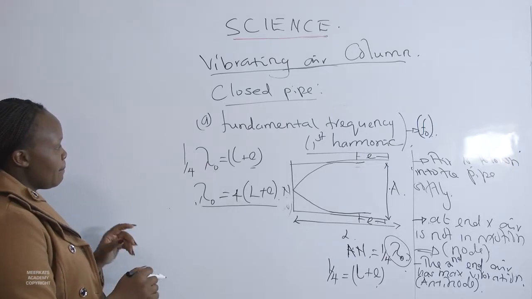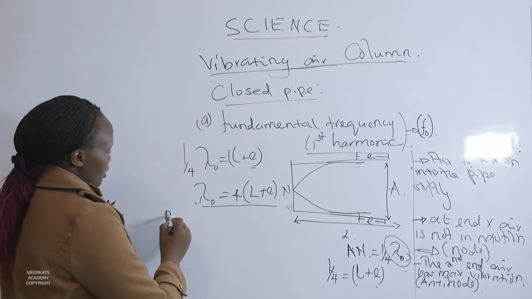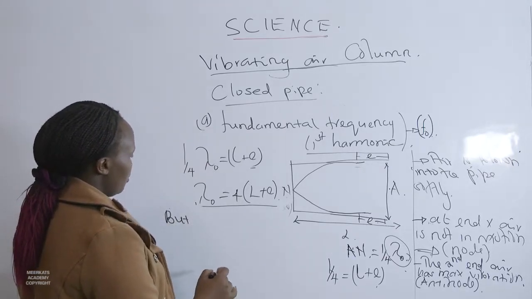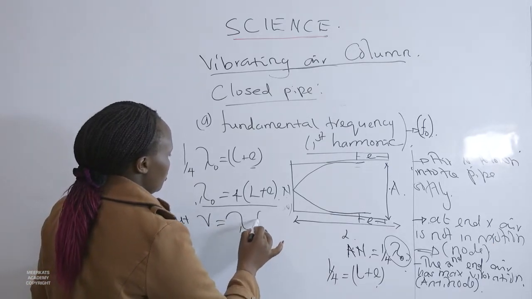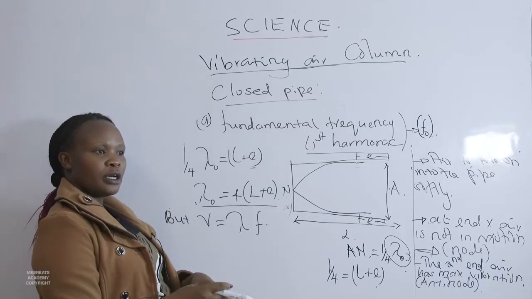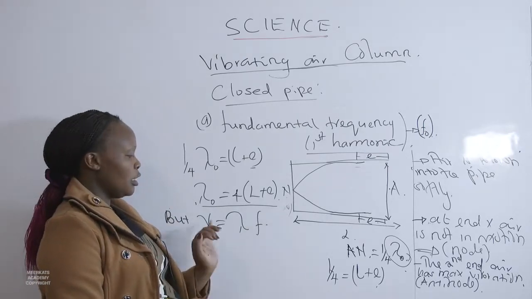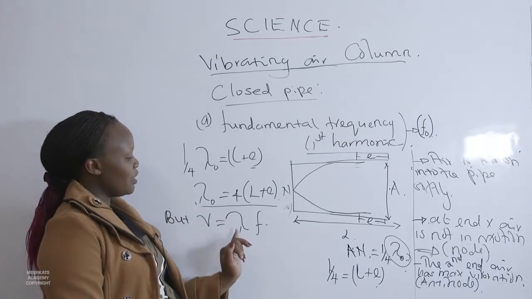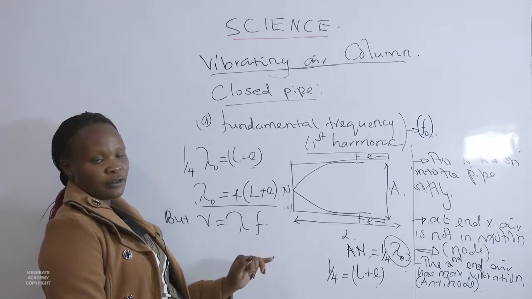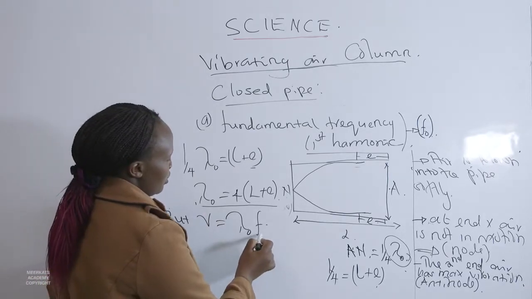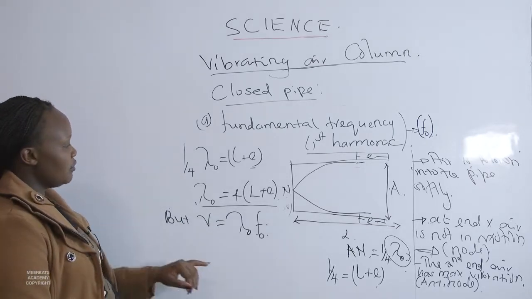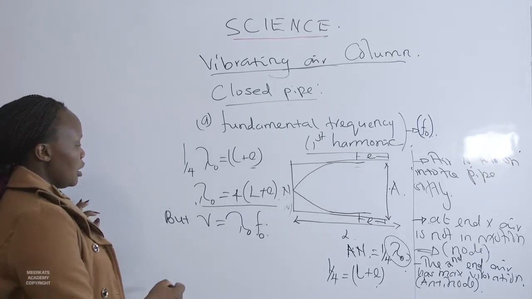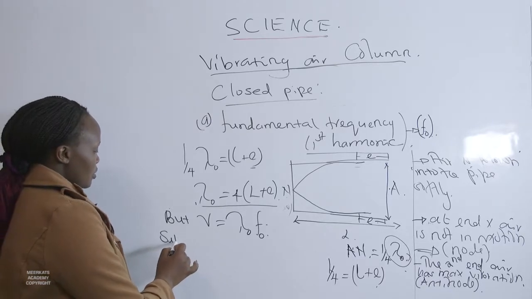Now, we know that V is equal to F multiplied by wavelength. The speed of a wave is a factor of wavelength and frequency. Here we are dealing with the fundamentals, and if we are dealing with the fundamentals, then we can substitute.